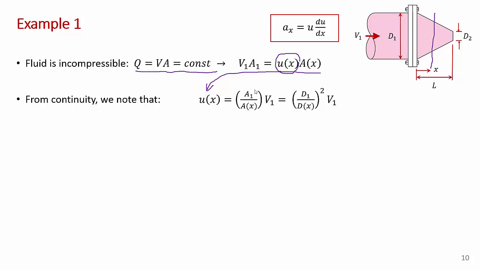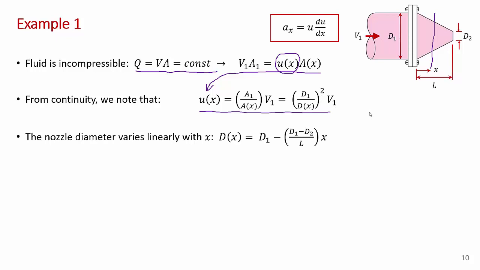Now the cross-sectional area is, of course, pi times the local diameter squared divided by 4. Pi and the 4 are going to cancel, so the local velocity varies as d1 over d(x), squared, times v1. We can see from the image that the nozzle diameter varies linearly with distance x, so we can write the expression d(x) equals d1 minus (d1 minus d2) over L times x.